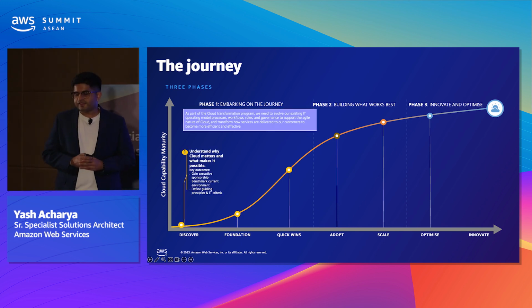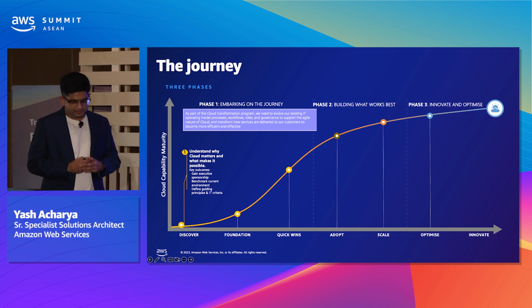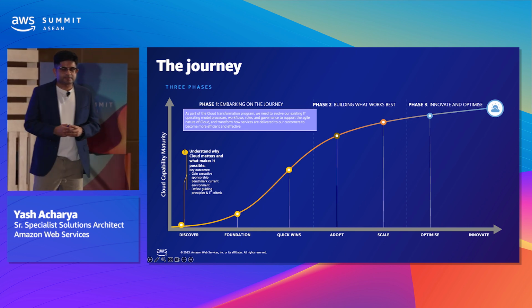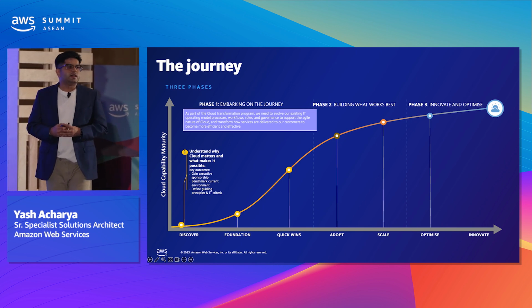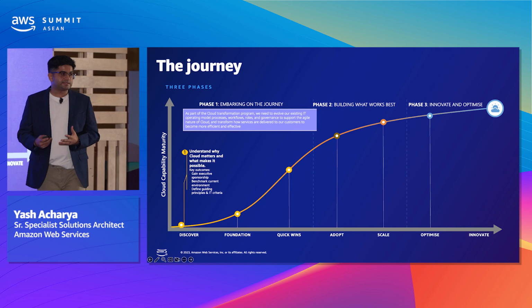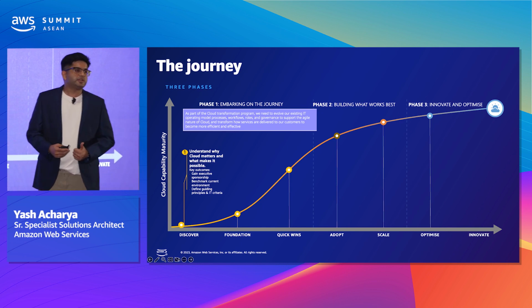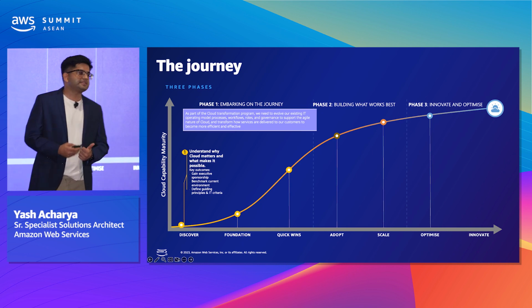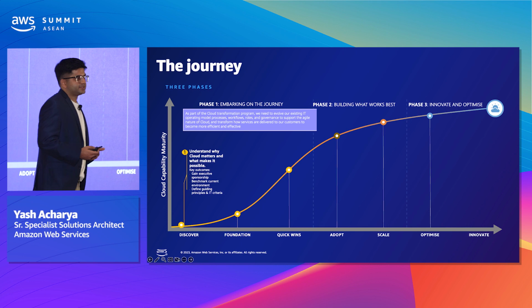So the first phase is basically focusing on embarking on the journey. That means, what are my baby steps that I need to take to make sure that my migration and modernization is successful? In the first step in the embark journey, you're basically focusing on what matters to you as an organization.